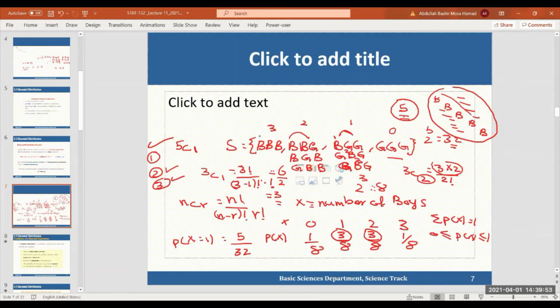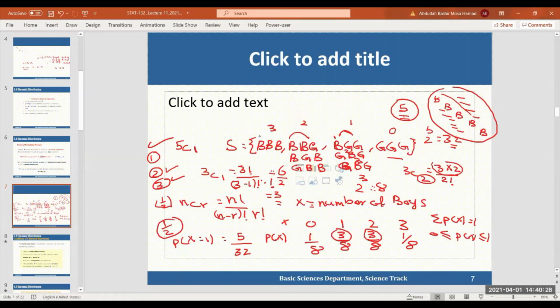The last condition: does the probability of getting a boy or getting a girl remain the same for any trial of getting a new baby, or change? No, it is the same. For any trial, the probability of getting a boy is half, and the probability of getting a girl is also half. For first trial, 1/2 for boy, 1/2 for girl.